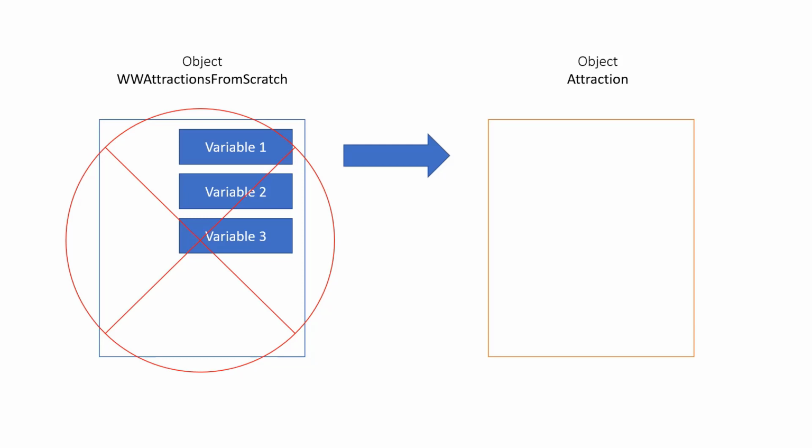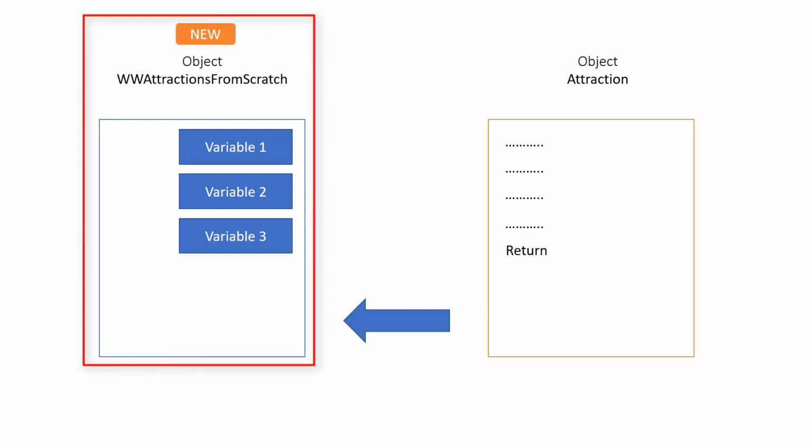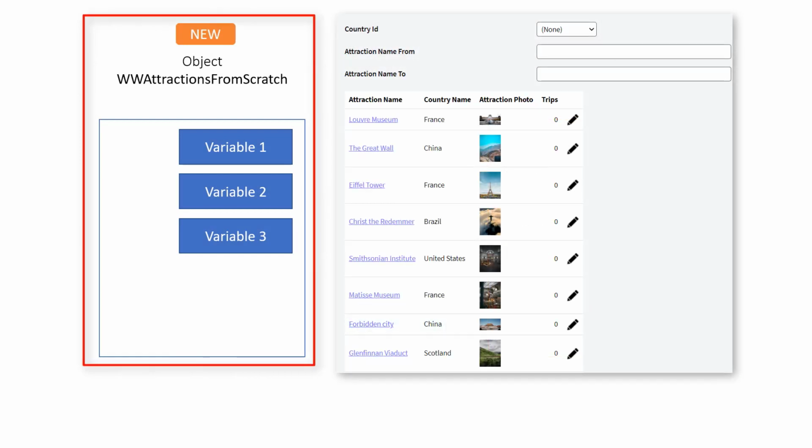Therefore, any values that were saved will be lost. On the other hand, the attraction object will take an active status. Then, when returning from the transaction to the web panel with the return command, the latter object and its variables will be recreated. This is why the filter values are no longer displayed. It's actually a new object.